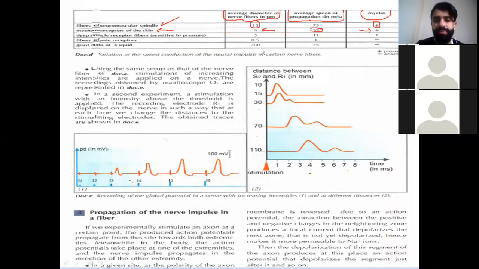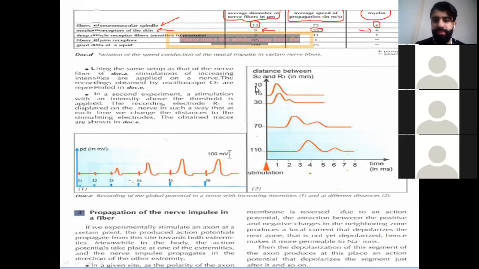Yes, Hassan. We are talking about the third one. I'm going to put it in another color, let's say blue. What can you say about the diameter, the myelin, and the speed?